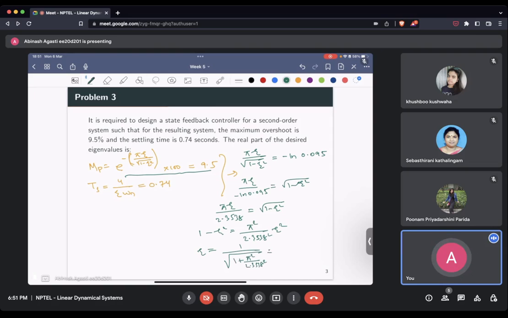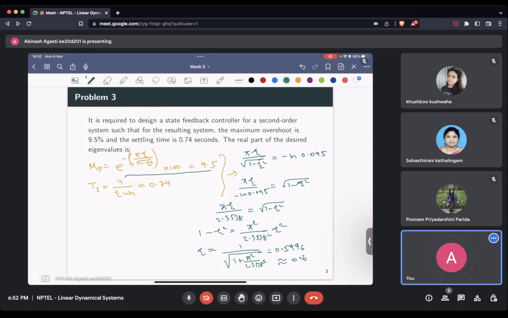Okay, so this gives me around 0.5996. So we can roughly take that as 0.6.